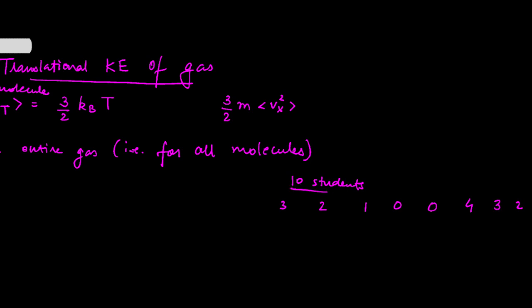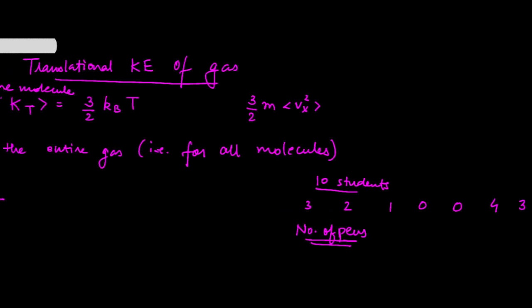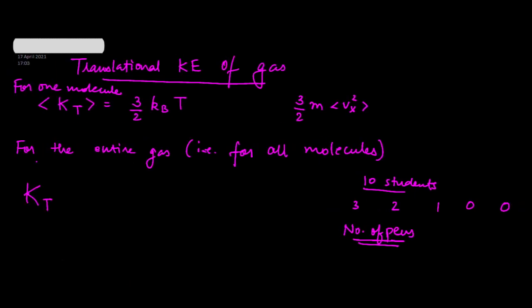If I just add all the pens, then what I am getting is not an average. If we find the total number of pens with all the students together, just adding them, it is not an average. That's why for the entire gas, that is together for all molecules, it's not an average anymore. Is this clear or not clear? I'm not writing the average because it's not an average.